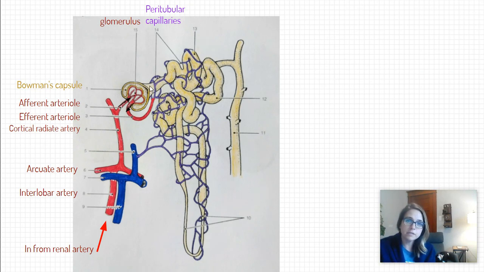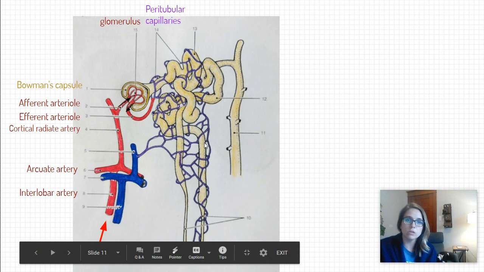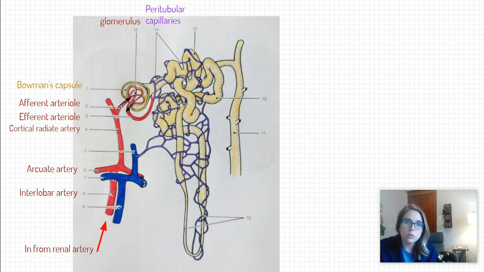Notice this big long loop right here. If you were to trace this nephron, you would eventually trace it to the beginning of the loop. Any part of the nephron that comes before the loop, because it's closer to the Bowman's capsule, is called the proximal convoluted tube.